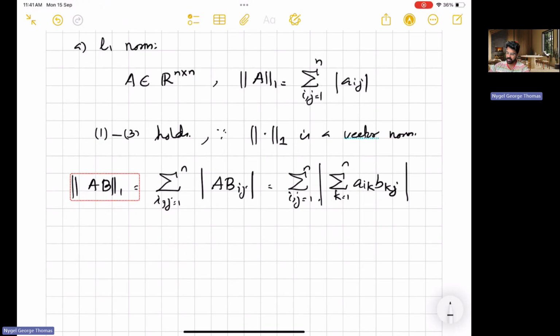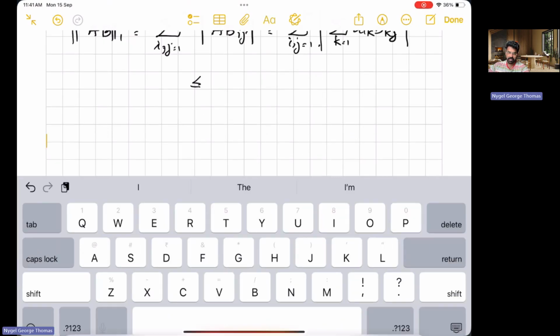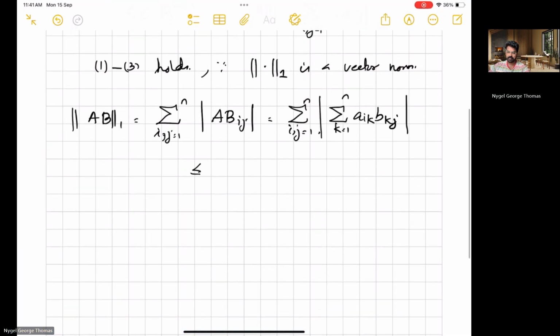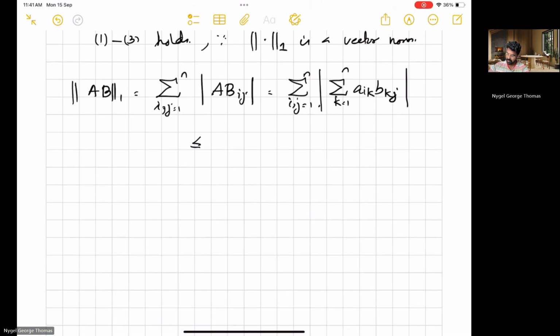So this is less than or equal to, we have to take this summation inside, over i, j, k.